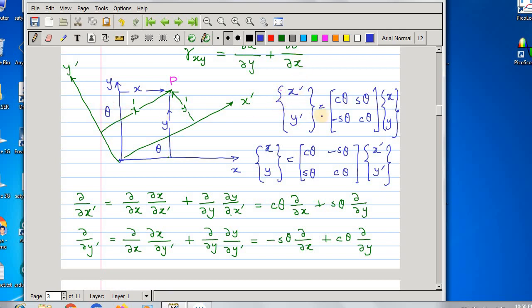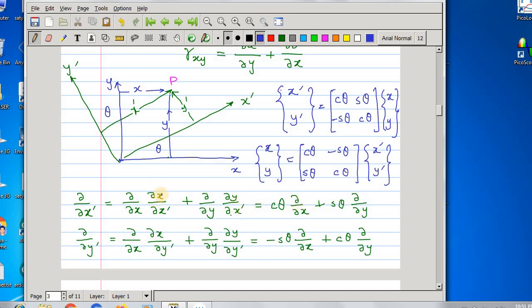We know that x dash, y dash equals the matrix cos theta sin theta, minus sin theta cos theta times x, y, or x, y is the transpose of this matrix times x dash, y dash. Now del del x dashed is del x del x dashed plus del y del x dashed, because x is a function of both x dashed and y dashed.